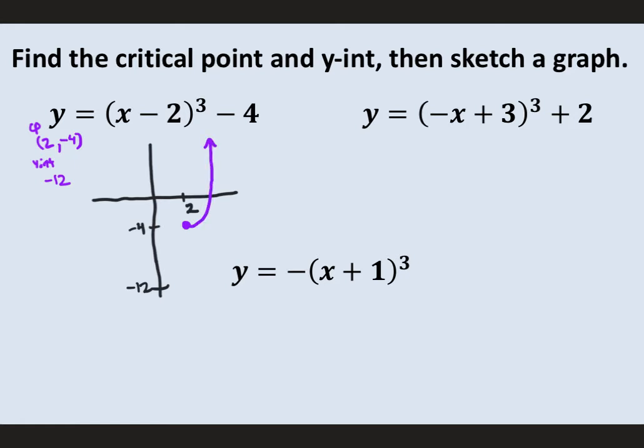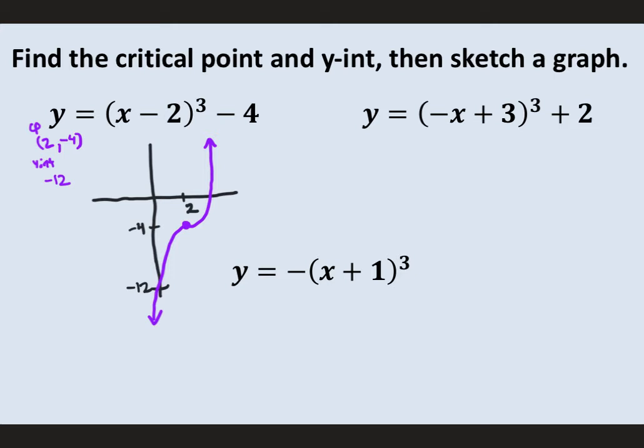On the other side, I'm going to draw the down half of the parabola, but I'm also going to make sure as I draw that down half going this way, I come through and hit that y-intercept. So it's like two halves of the parabola. On the right side, since it was a positive in front, we're going up. And on the other side, we go the opposite direction, which is down.